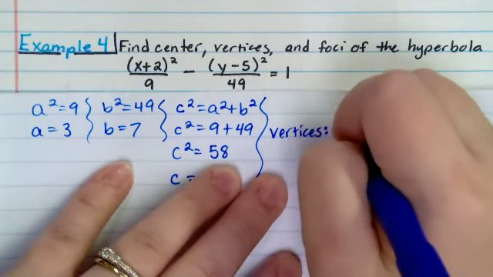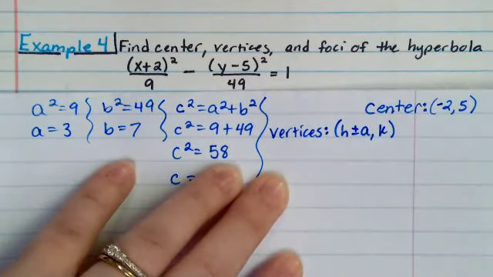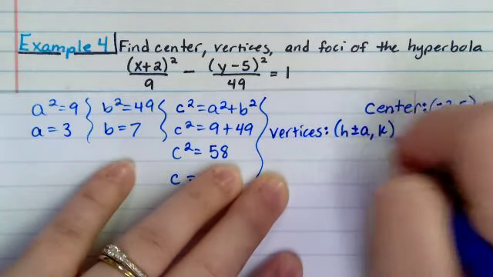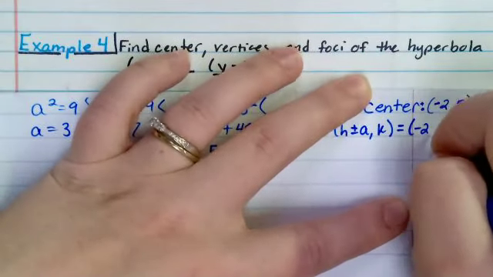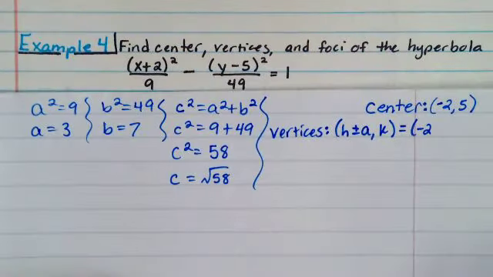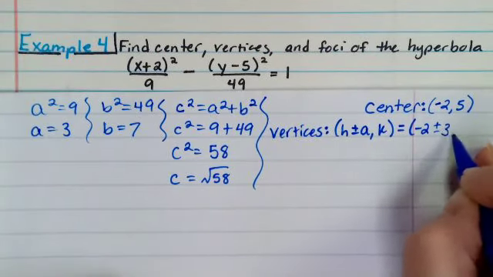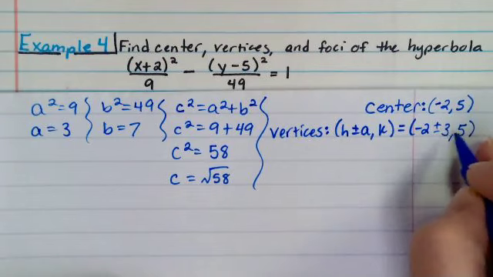Looking at H plus or minus A for this one, and then K. Well, we know the center, H, K, that's -2, 5. So that's going to be -2, and we want plus or minus A, so plus or minus 3. And then our K value, 5. Some people are good with you leaving it like this.